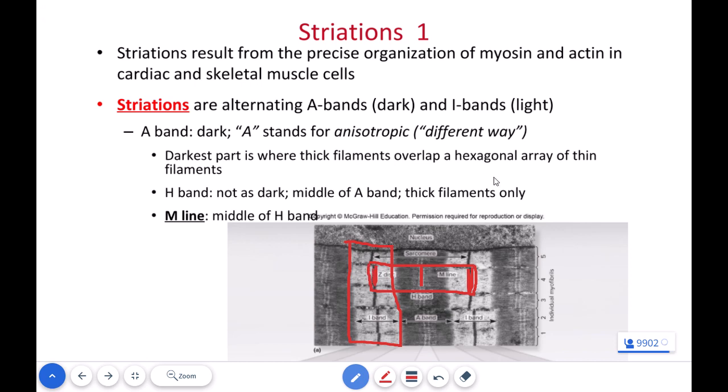So as we're looking at the M line, that M line, which is in the middle of the sarcomere, or in the middle of the dark band, is also going to be called the middle of the A band. So as we think of that dark region of the sarcomere, that dark region is also referred to as the A band.